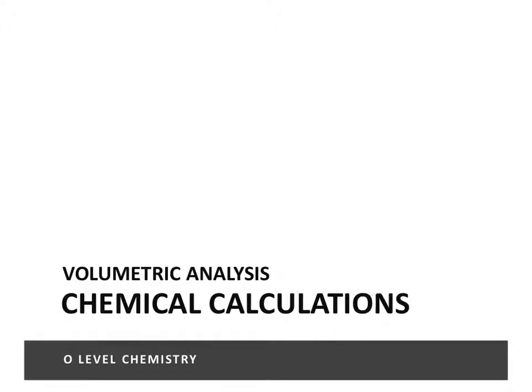In chemistry, analysis is like an experiment that we perform to find out something of interest. There are two kinds of analysis in general. You can have quantitative and qualitative. By quantitative analysis, we want to find the amount of substance.